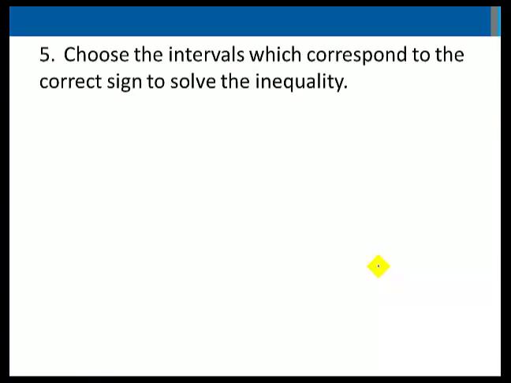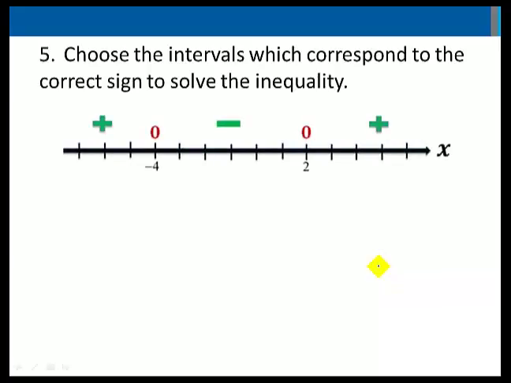We will choose the intervals which correspond to the correct sign to solve our inequality. So here's the number line with the corresponding signs and zeros above. We're looking for where x squared plus 2x minus 8, or f of x, is greater than or equal to 0.